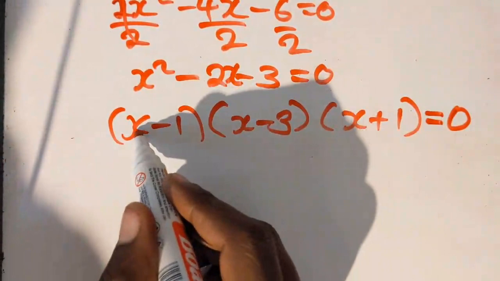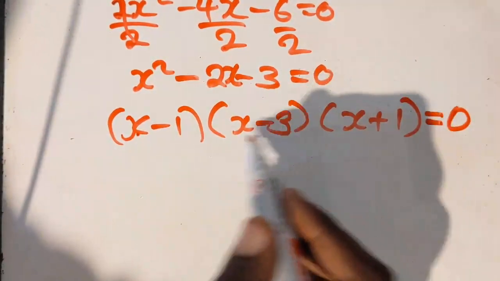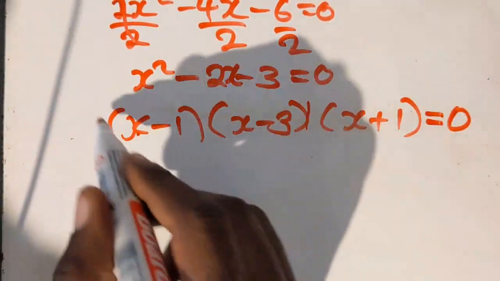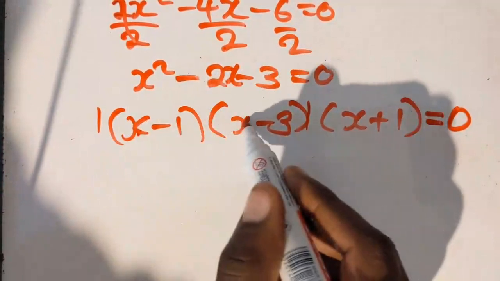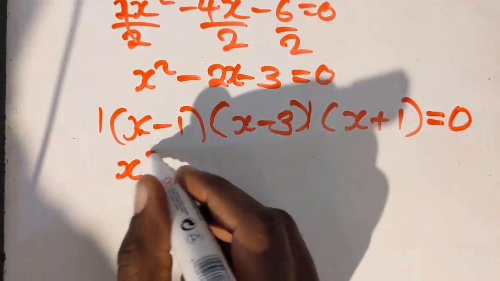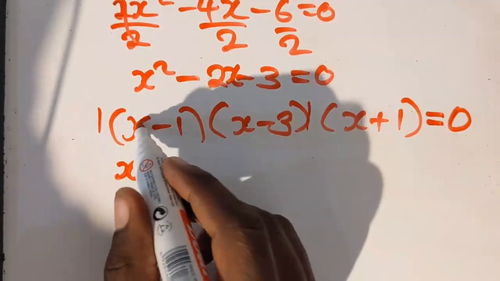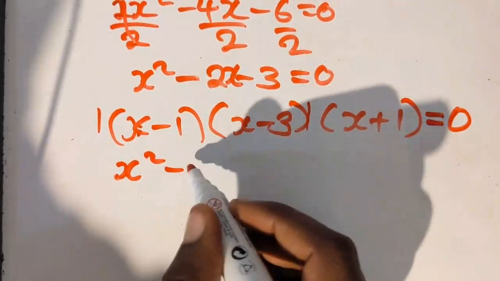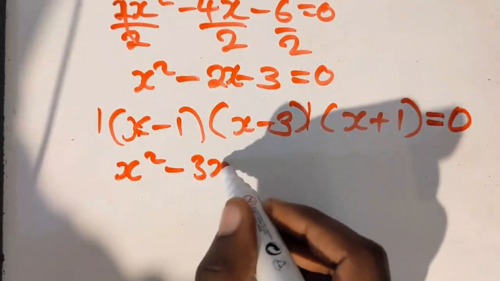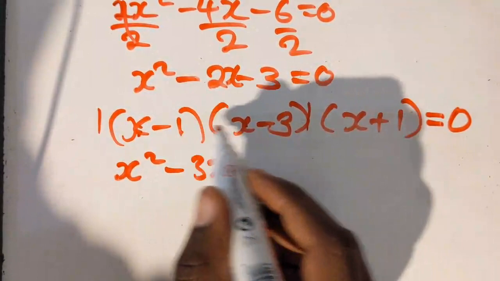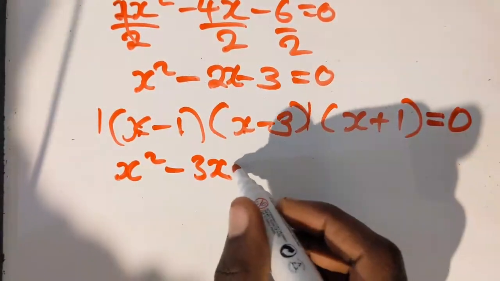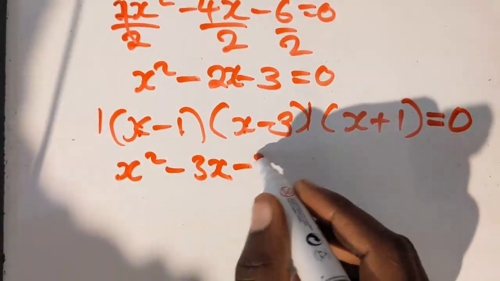Let's just try to expand these two. We're going to say x times x, that's going to give us x squared. Then x times negative 3 gives you negative 3x. Then negative 1 times x gives you negative x.